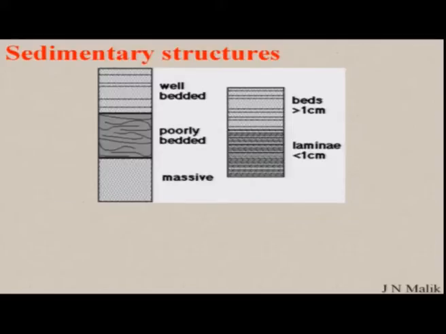Before getting into these, we have rocks that are either structureless, or have poor bedding, or are well bedded. If there is no structure, it means a very calm environment where deposition has taken place.